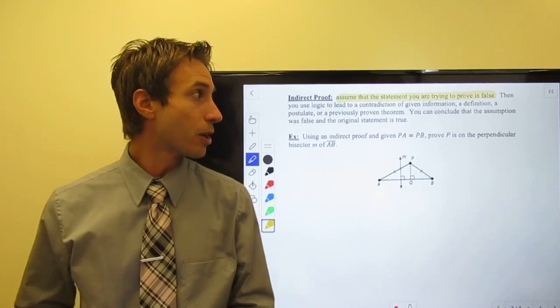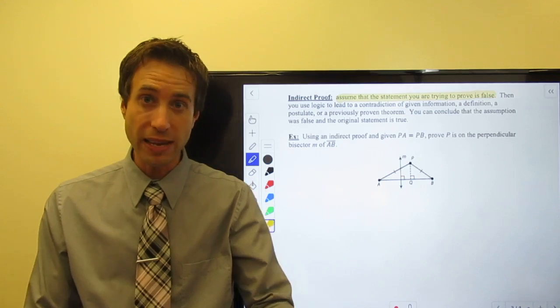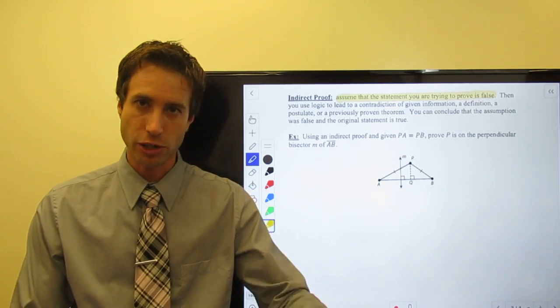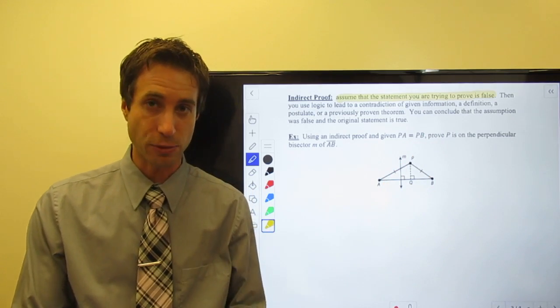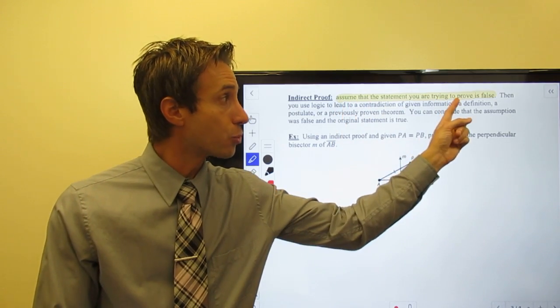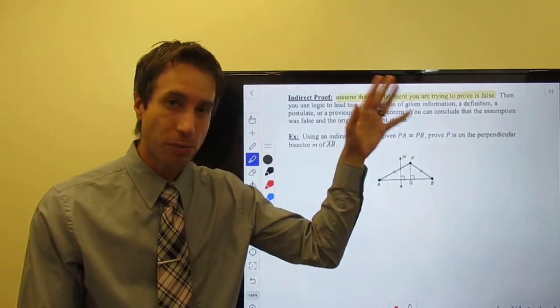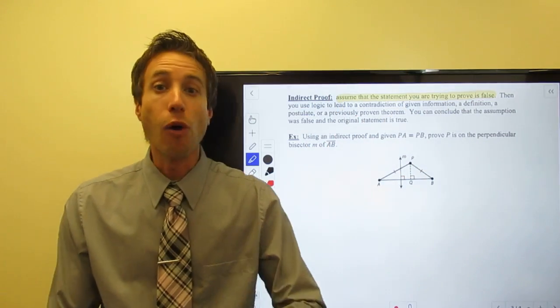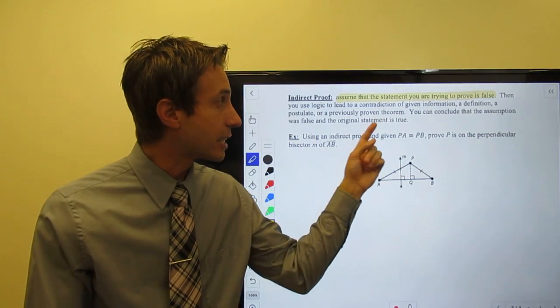Then we logically work our way through the information using definitions, postulates, theorems. You have to use all the justification steps. But because I assumed what I'm trying to prove is false, as I work my way through the definitions, postulates, or previously proven theorems, hopefully I will reach a contradiction.